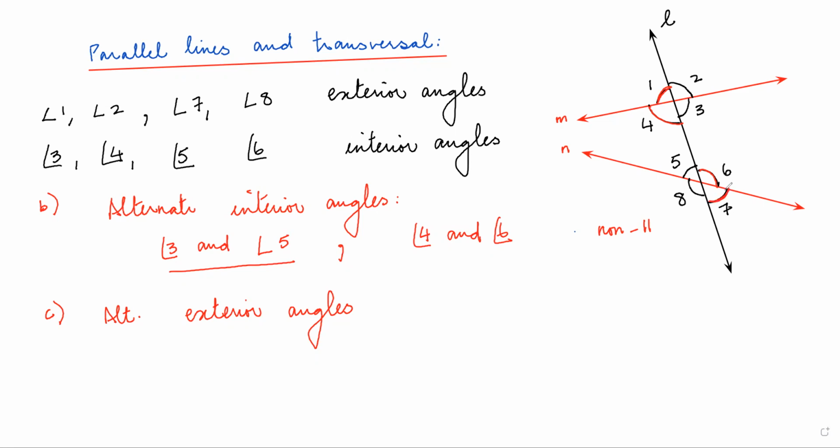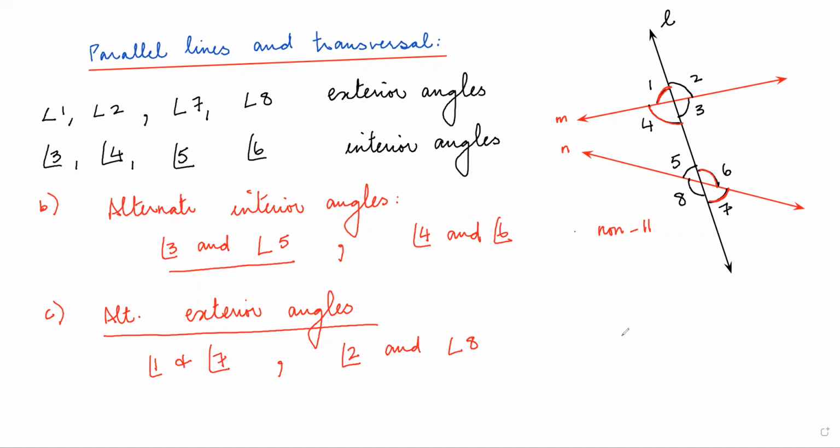These are alternate exterior angles. Angle 1 and angle 7. What is the other pair? Can you tell of alternate exterior angles? Angle 2 and angle 8 are also alternate exterior angles.